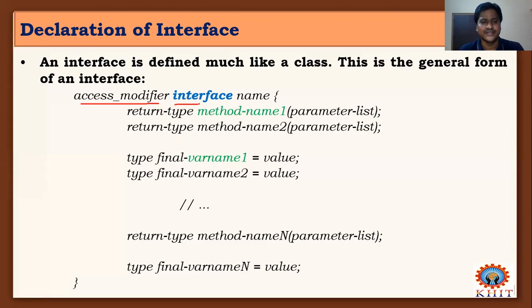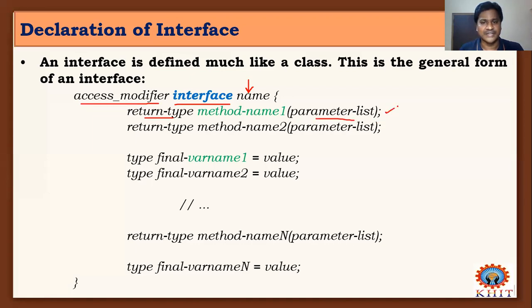Interface is the keyword used to declare an interface, followed by the name of the interface. The scope of this interface consists of many methods, with return type and parameter list.